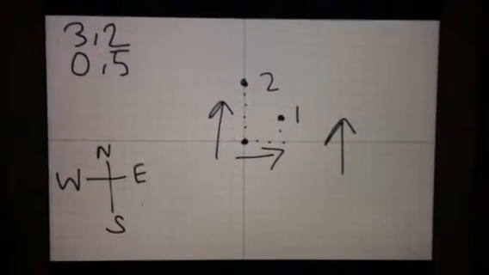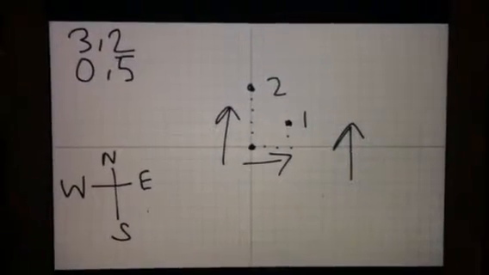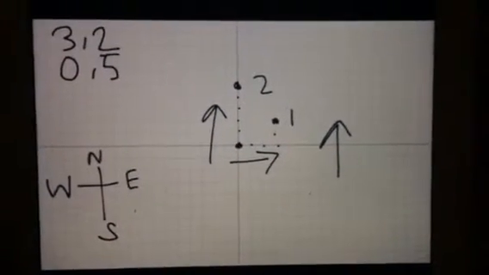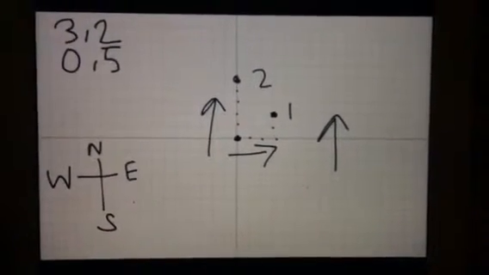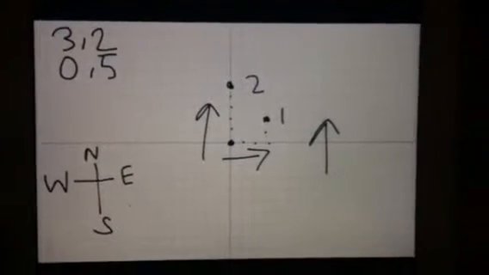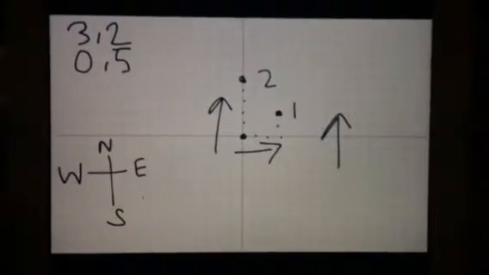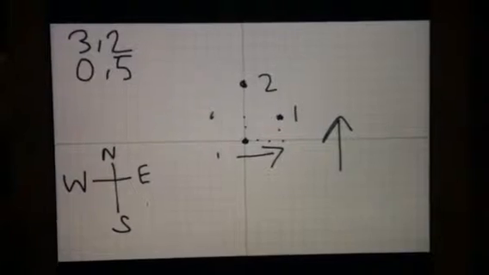Okay, so now that we have plotted our 2 coordinates, I want to show you guys how we would travel from our first coordinate to our second coordinate. Before we do that, I'm going to erase some of this stuff.